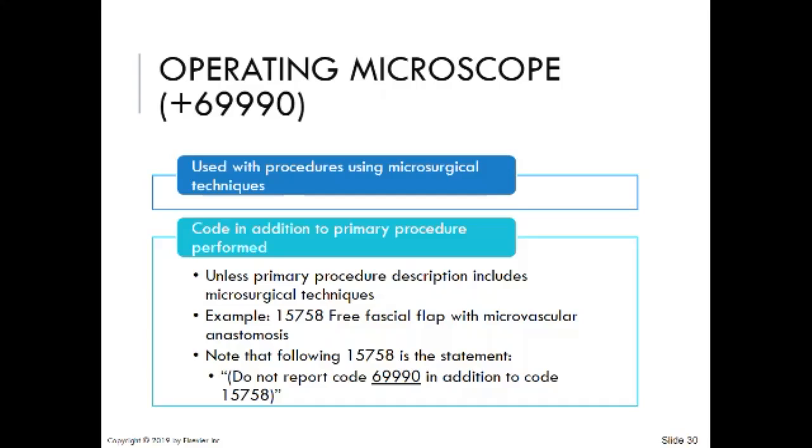For example, 15758 is free fascial flap with microvascular anastomosis. Note the following: the statement under 15758 says do not report code 69990 in addition to code 15758. So you need to always read your notes.